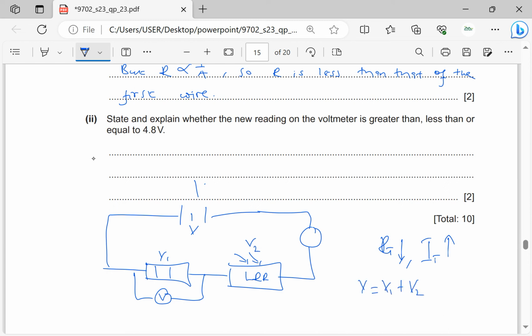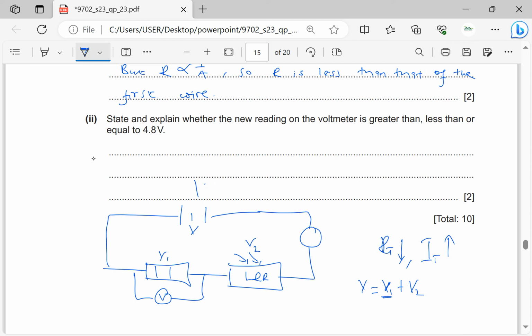Since the current has increased, it means the PD across V1 has increased because the current has increased. And remember, for V1, the wire has a smaller resistance, total current has increased.